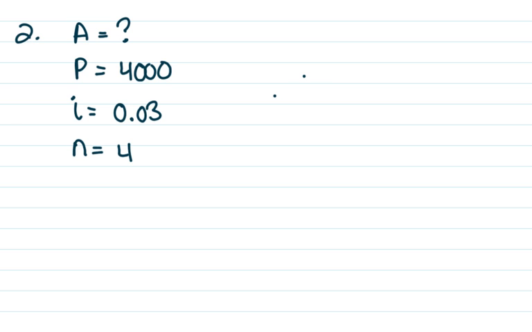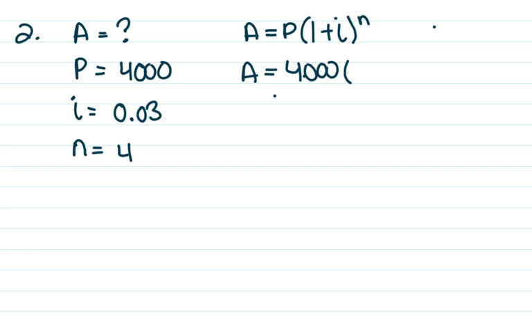Now, we need to find what A is, so we're going to use that first equation in the box up there. So A equals P, bracket 1 plus i to the power of n. So A equals, principal was 4,000, times 1 plus the interest rate, 0.03, to the power of n, the number of compounding periods, which is 4.